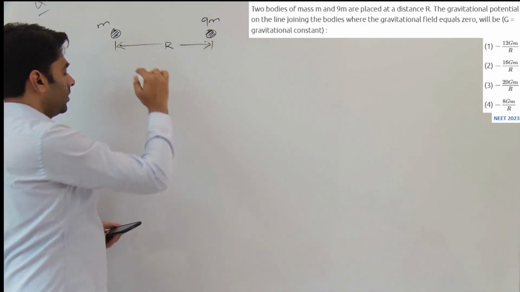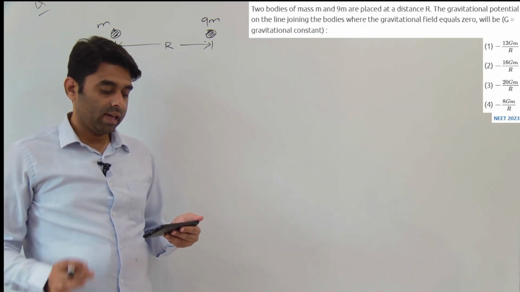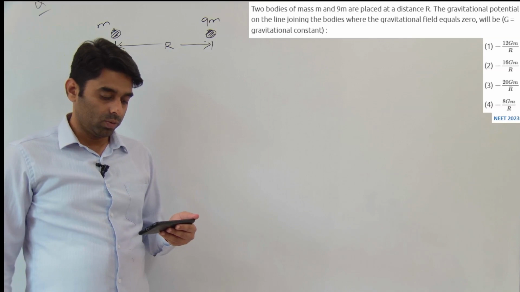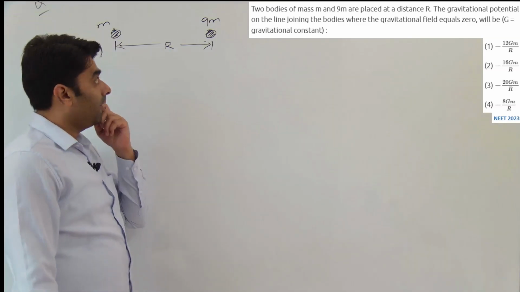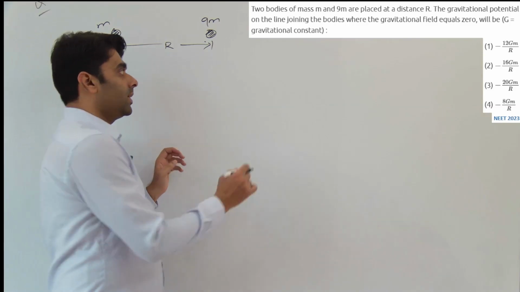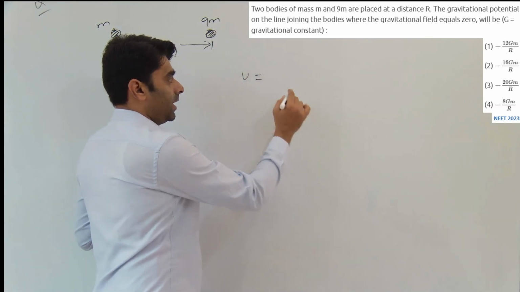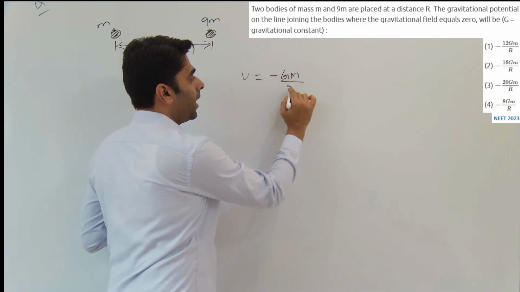Next he says, the gravitational potential on the line joining the bodies, where the gravitational field equals 0, will be. They are asking us for the gravitational potential. First of all, let us see what the gravitational potential due to a point mass is. It is written as minus GM by r.